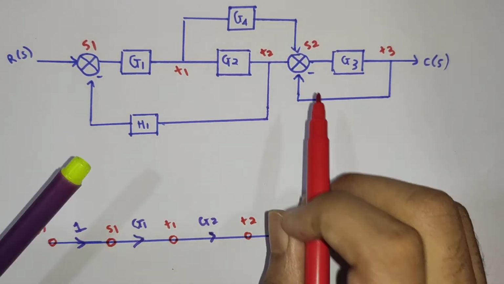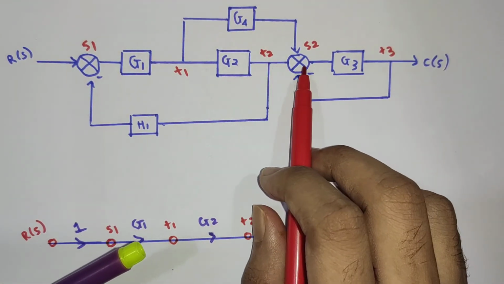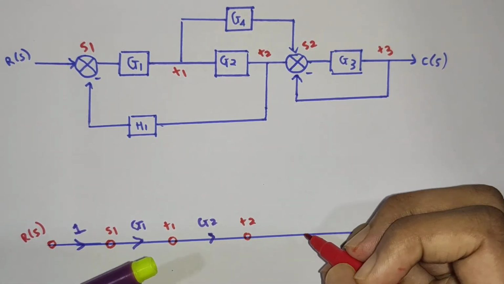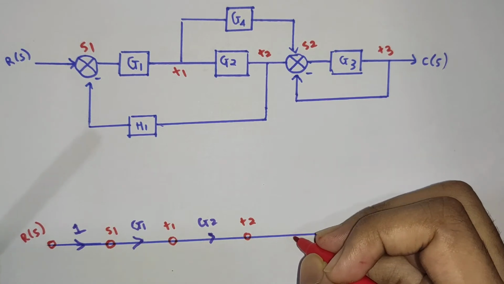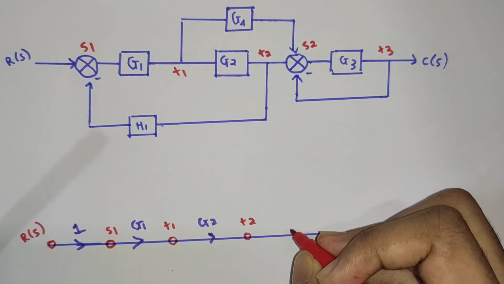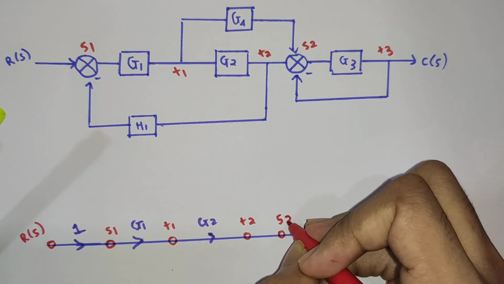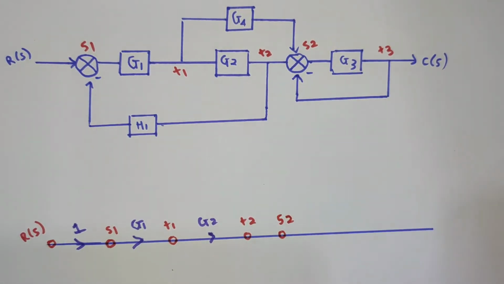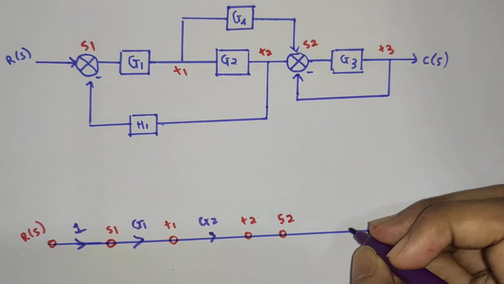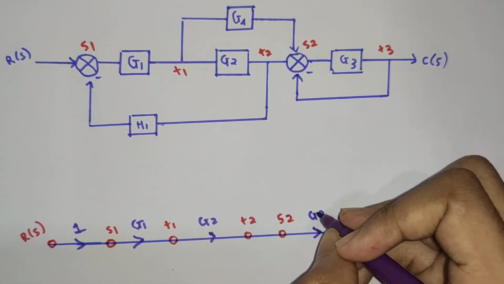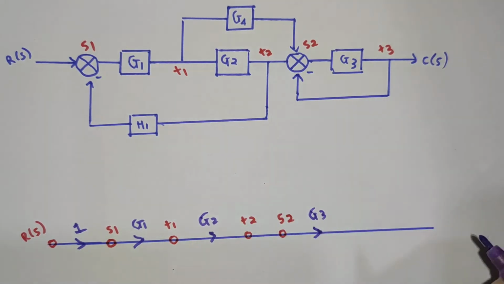Now beside this T2 there's another point in front of it, that is S2, so we denote the summing point by a node, so this will be S2, and then there's a gain G3, so I'm going to draw G3 from input to output.